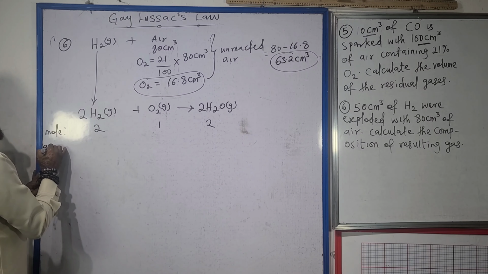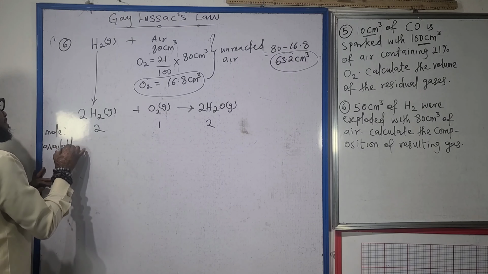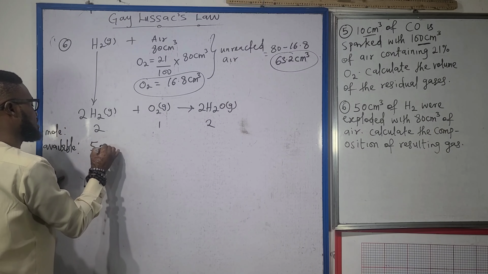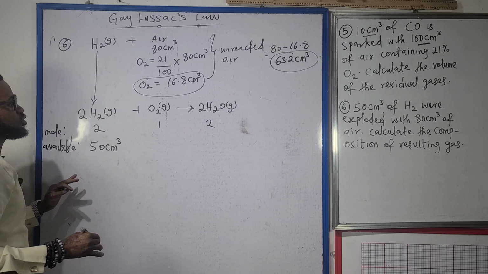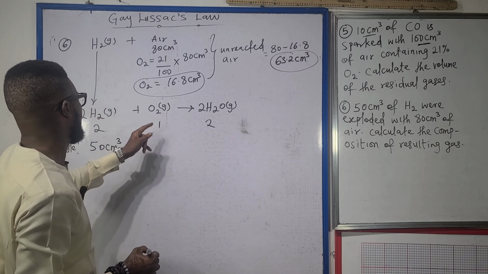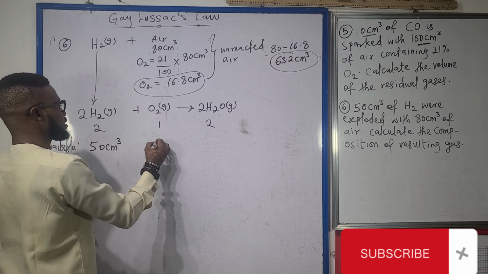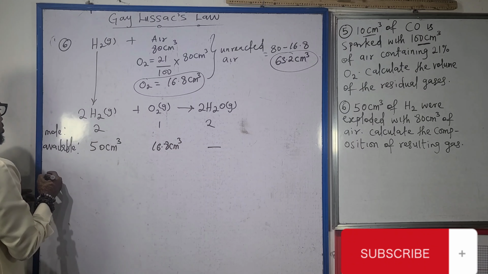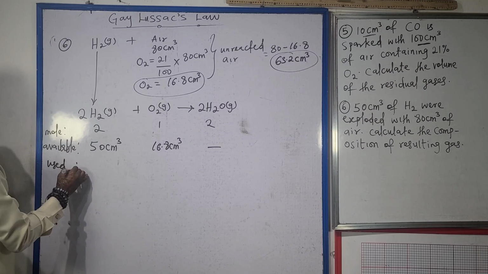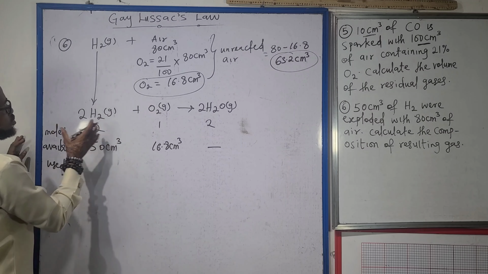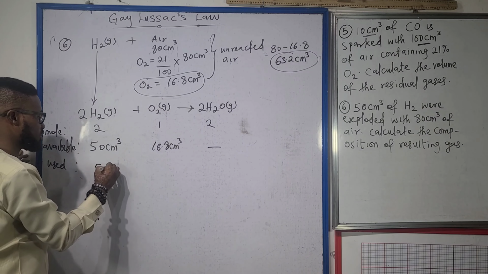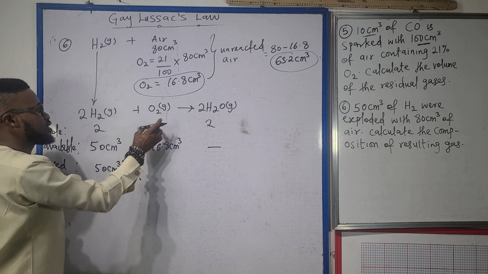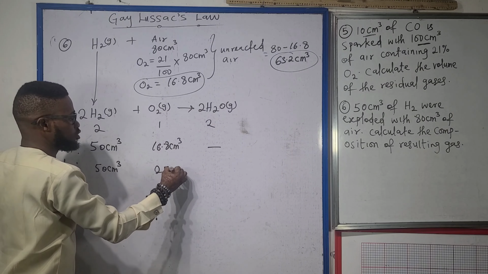So moving on with the main question for Gay-Lussac here. What was available? Hydrogen here is going to be 50 cm cube, and oxygen here, I'm going to be using the 16.8 cm cube that I have. So you look at what is being used up. This is 2 moles, this is 2 moles. If I say 50 cm cube is being used up, then this is 1 mole, I'll need 25 cm cube.